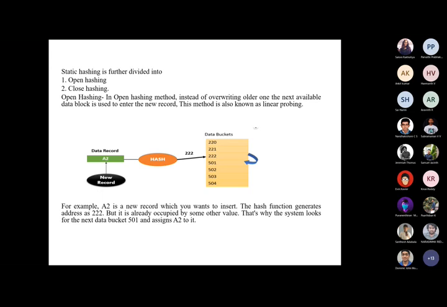Whenever given a new record, you are expected to generate its address using some hash function. The hash function generates the bucket address 222. The bucket is already occupied by some other value, so in linear probing the system looks for the next data bucket, 501, and assigns the data record onto it.